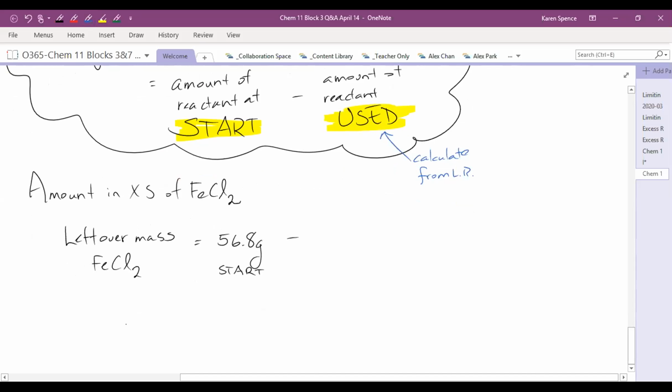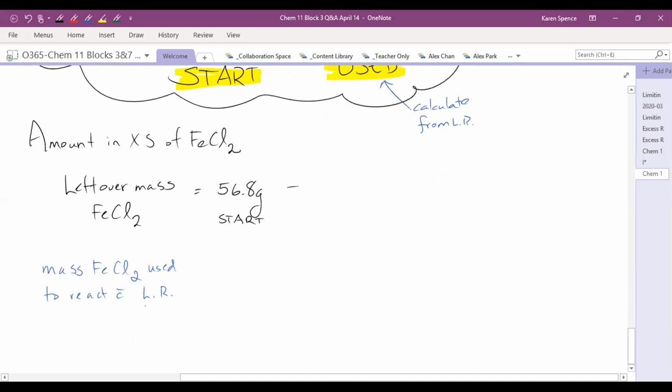So the mass of FeCl2 used to react with the limiting reactant, in this case, limiting reactant was KNO3.